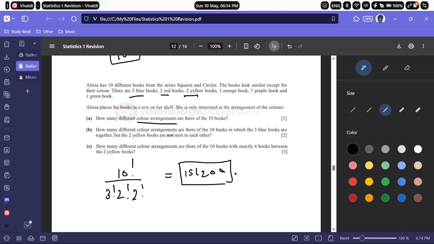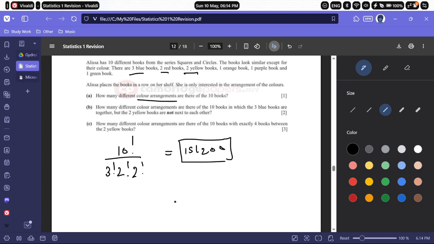Now for part B, how many different color arrangements are there of the 10 books in which the 3 blue books are together? So again, box method. But the 2 yellow books are not next to each other. So you can go about this in 2 ways. First of all, box the 3 blue books together, because you're talking about color arrangements, so they would be identical, obviously.